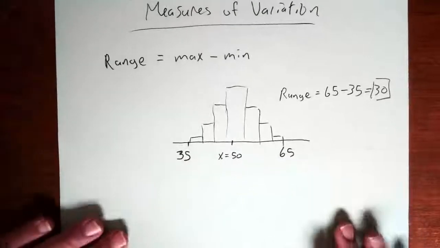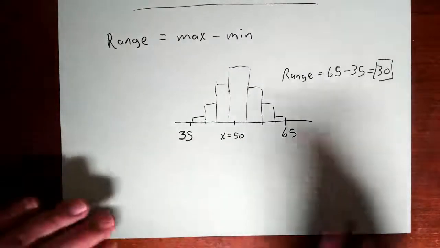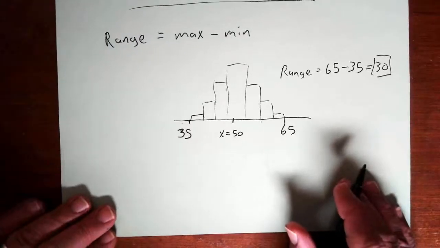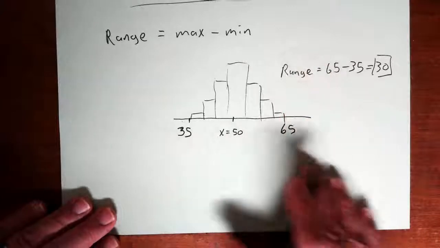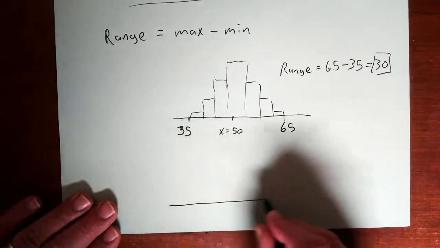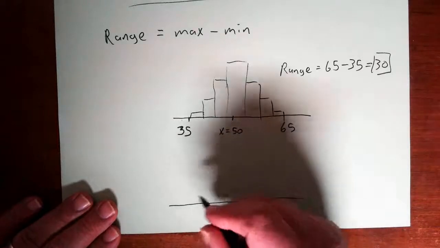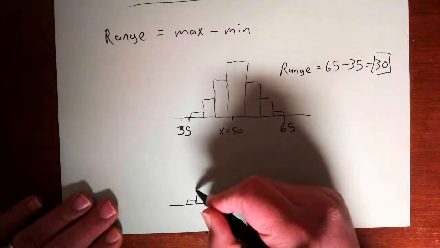And so that is a very simple measure of variation. But it's not the best measure of variation. And the reason for that is it's only taking into account the minimum and maximum values. So all the other values in the data set could be doing something different. So for example, maybe I have a data set that looks like this.